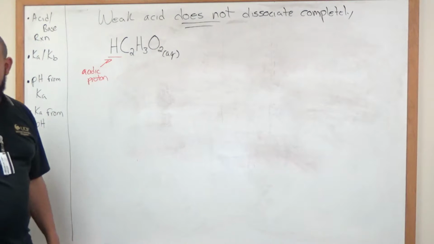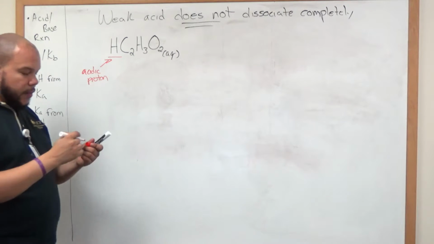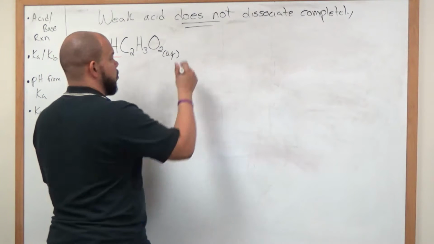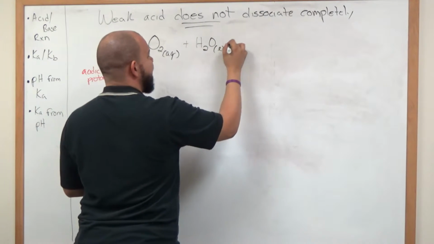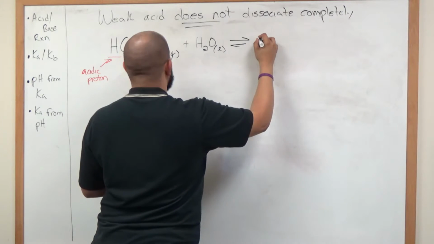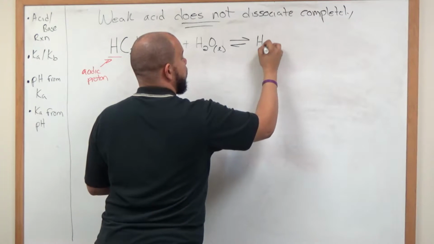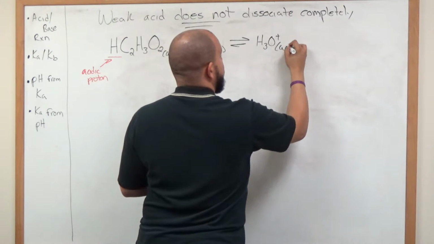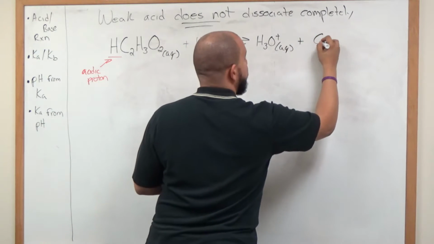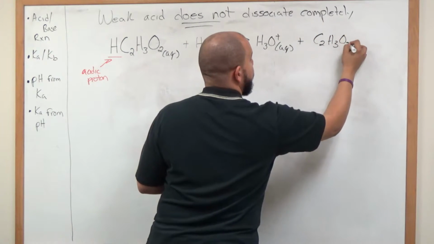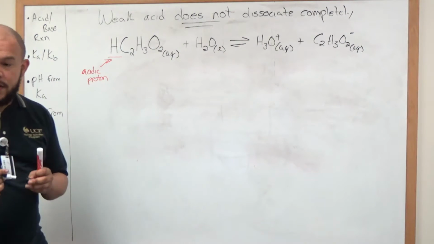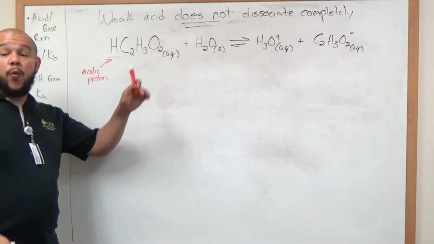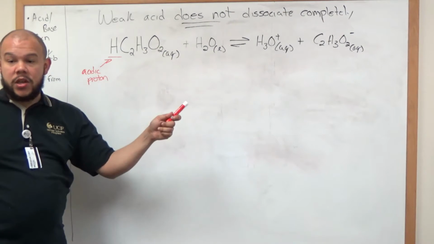That acidic proton is donated to some degree to the water, just like before. There's nothing different in the reaction. The only thing different here is that we are not completely dissociated.